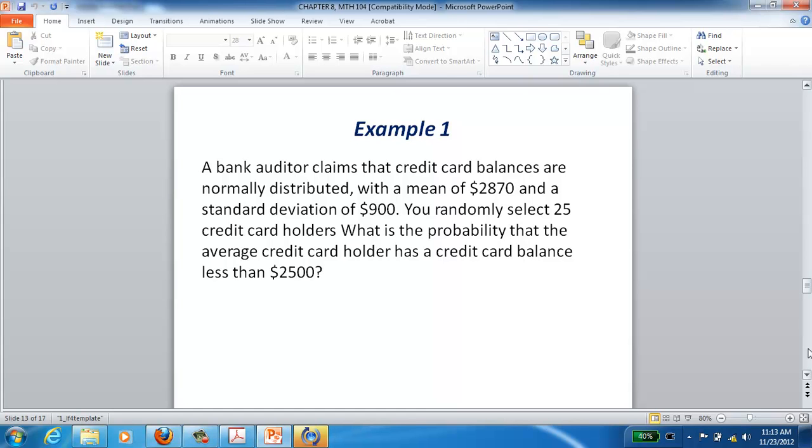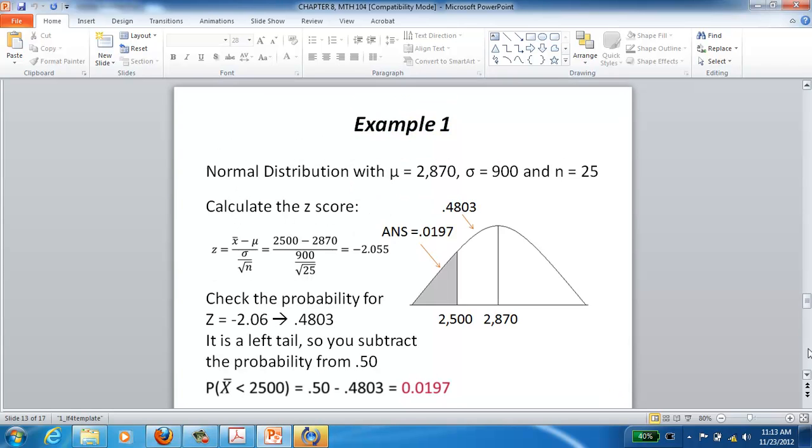Let's go to see example number 1. We know the mean, we know the standard deviation, and also we know the sample size. So what is the probability that the average credit card holder has a balance of less than 2500?